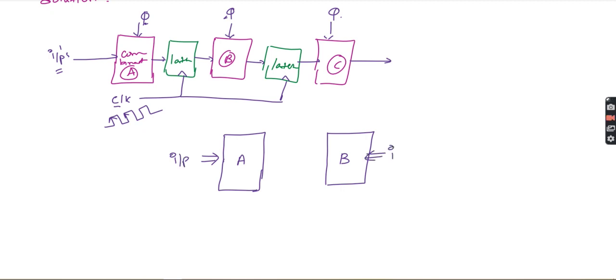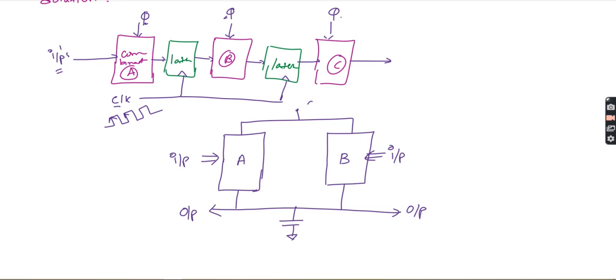For B also you are applying input, then this will be where we take the output. We have the capacitance, then this will be your power supply, that is 5. This logic, this figure shows that it is a pipeline adiabatic gate.